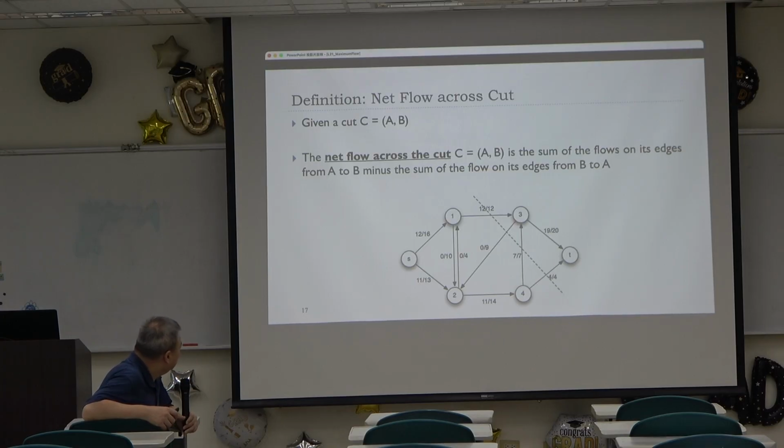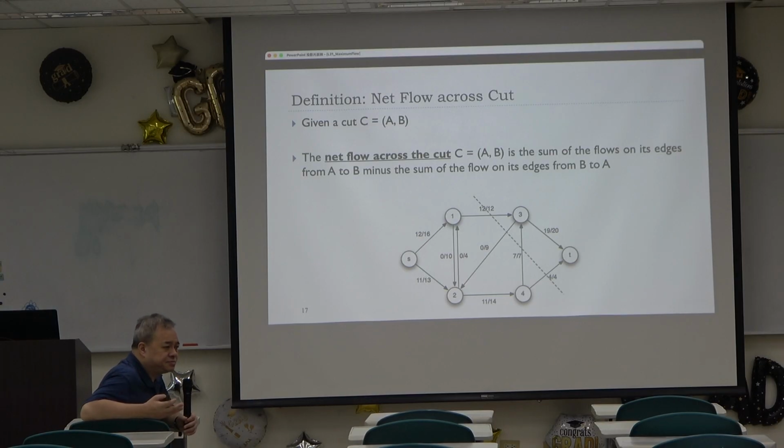Actually, we can say something more interesting here. The current maximum flow can be observed by accounting the incoming and outgoing flow in this cut.